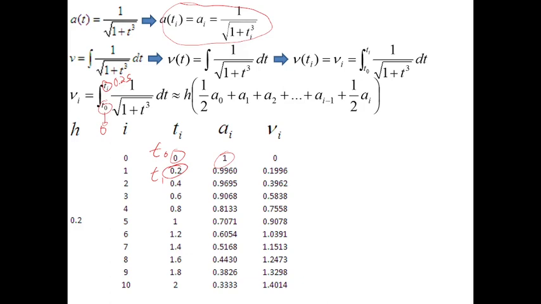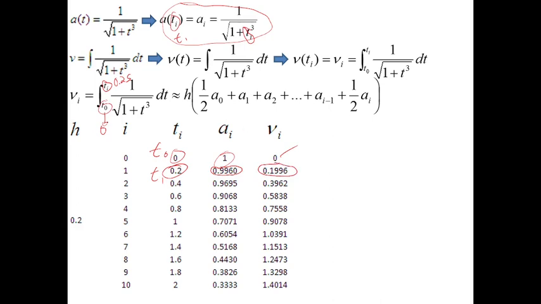So to get 0.9960, we replace t sub i here by 0.2 because this is now t sub 1. T sub 1 is 0.2 seconds, then cube. And then we get 0.9960.